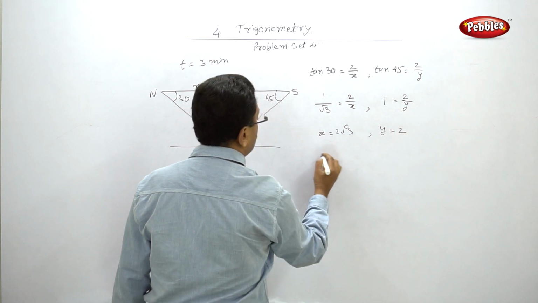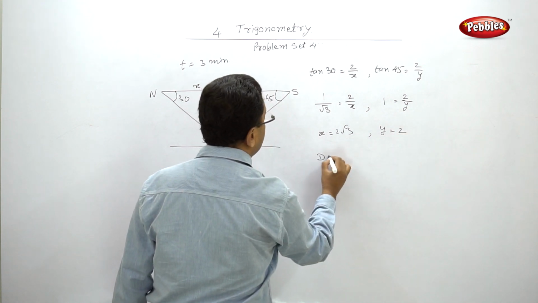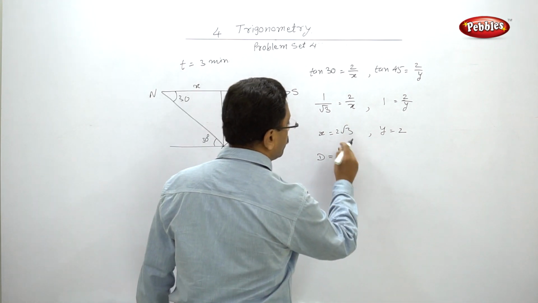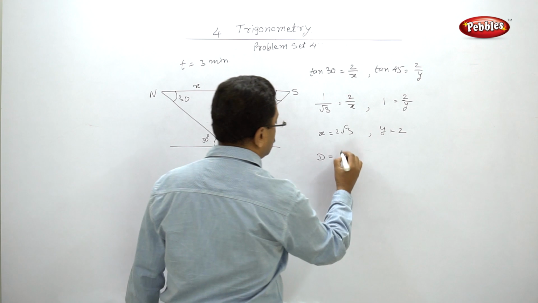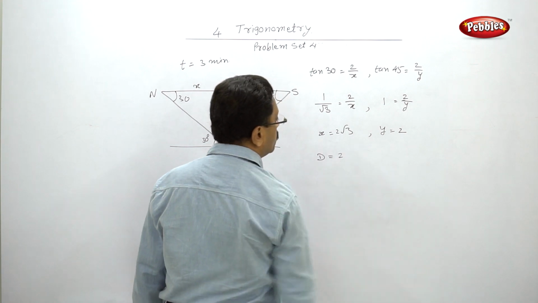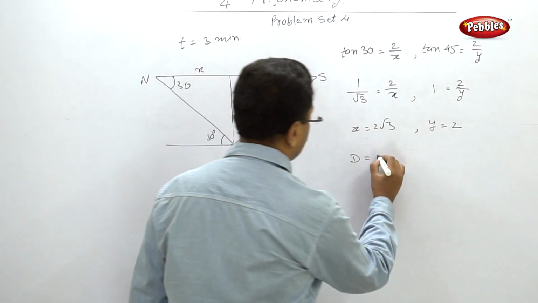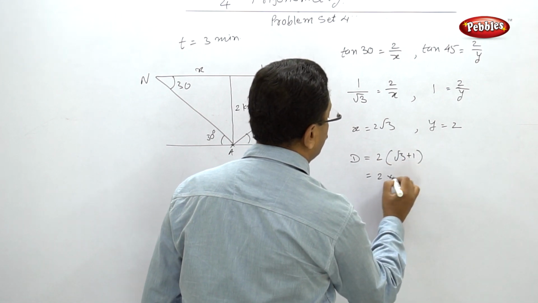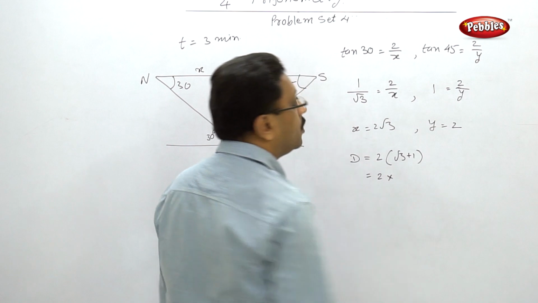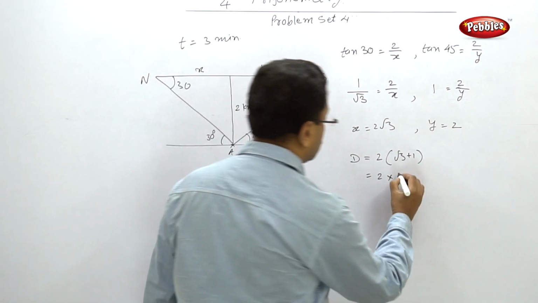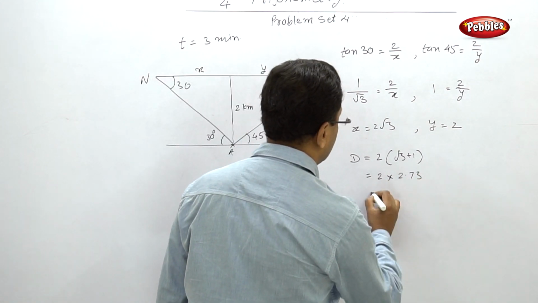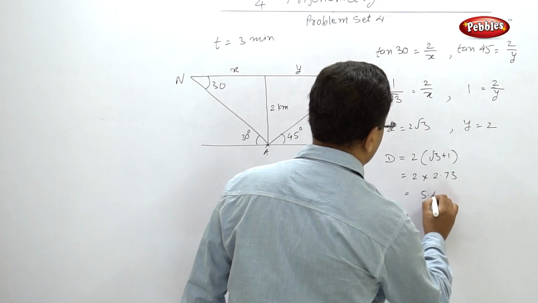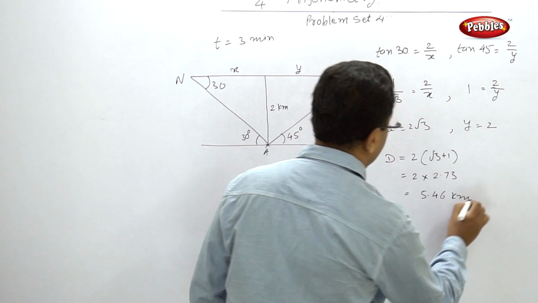So the distance traveled by the bird, d, is 2 root 3 plus 2. 2 is common, so 2 into root 3 plus 1. Root 3 is 1.73, so this is 2 into 2.73. So the distance traveled by the bird is 5.46 kilometers.